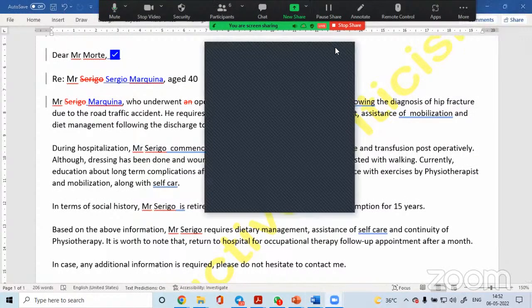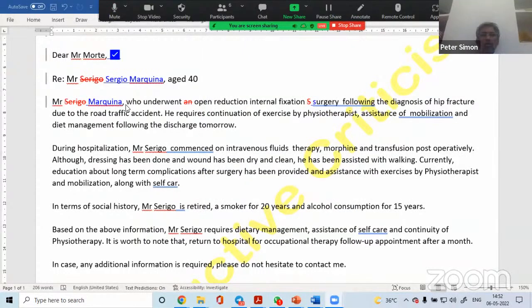Mr. Marquina, who underwent open reduction internal fixation surgery, comma. So this one you can write in the later part. No need to write here. Which is more important right here?